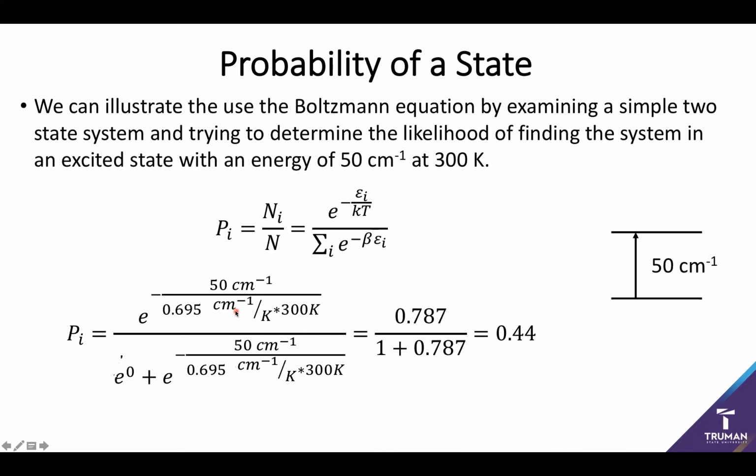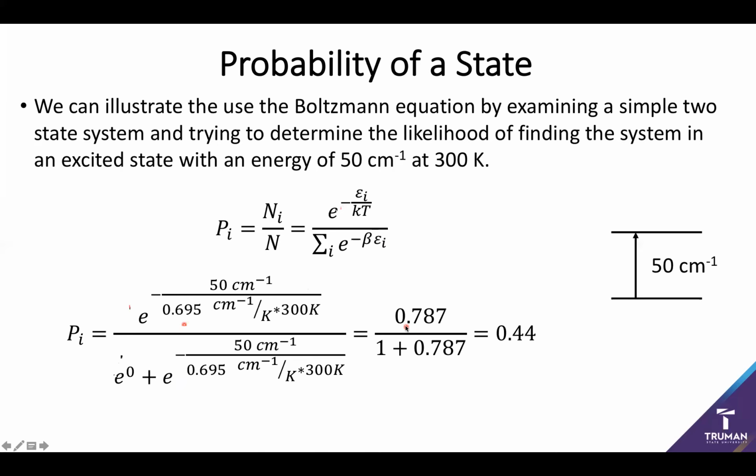Another useful thing to know is we can also express the Boltzmann constant in terms of inverse centimeters when you're talking about spectroscopic phenomena. The Boltzmann constant has a value of about 0.695 inverse centimeters per Kelvin. We multiply this by the temperature, doing the same thing for the numerator, and as part of the denominator in that second term.